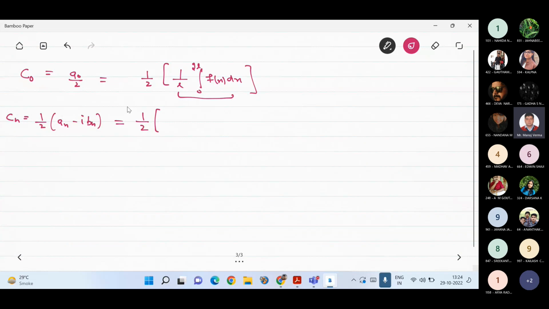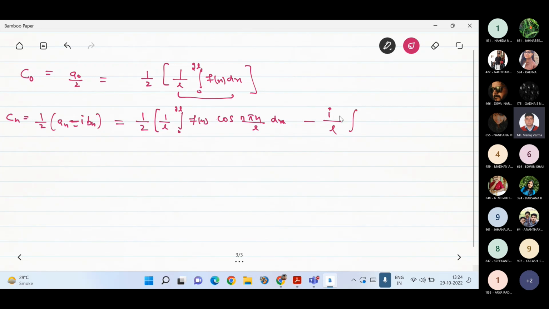An was defined as 1 by L integration from 0 to 2L f(x) cos n pi x by L dx, minus iota by L times the value of Bn.